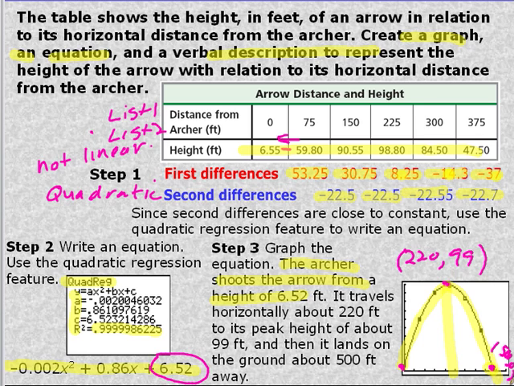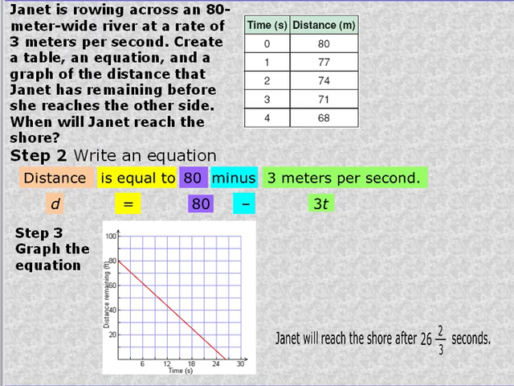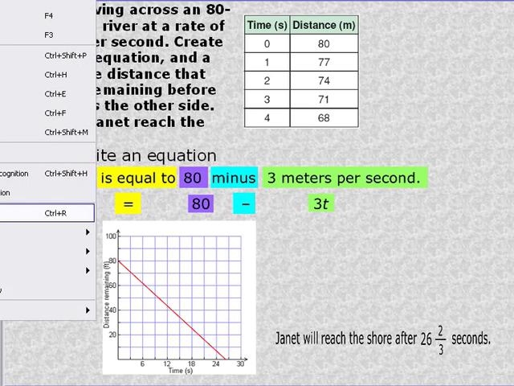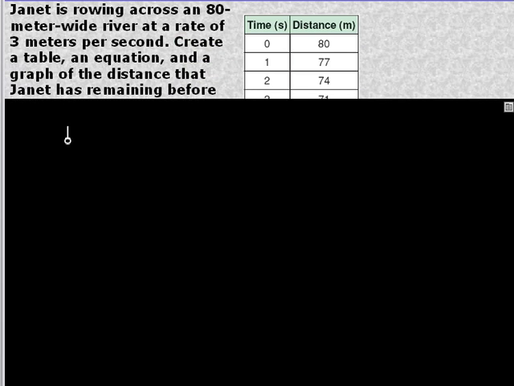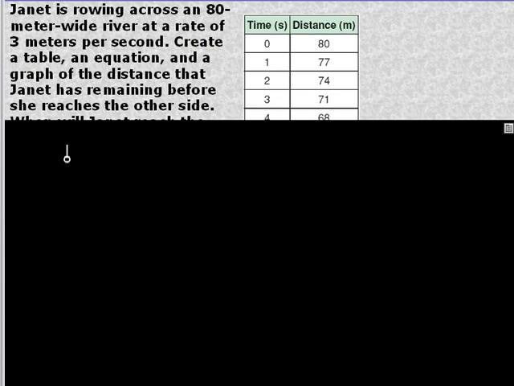Another example, you get the revealer back up. Janet's rowing across an 80-meter wide river at a rate of 3 meters per second. Create a table. So this time we don't have the table. We have to use the description to create the table. Then from the table we can write an equation and then graph the distance that Janet has remaining before she reaches the other side.